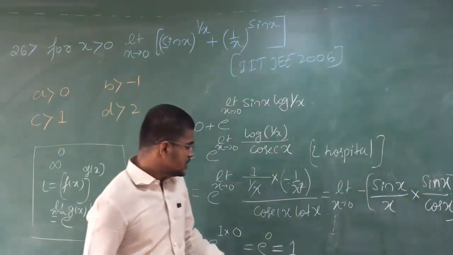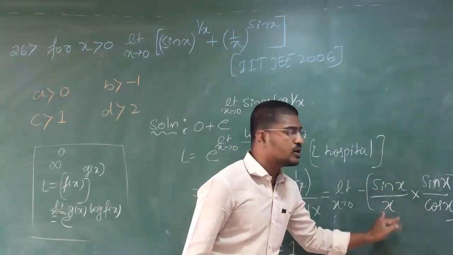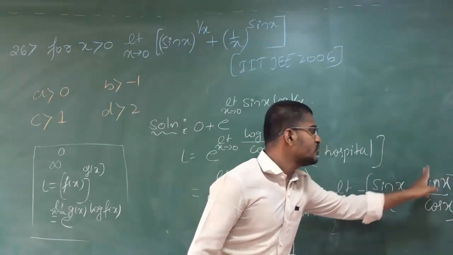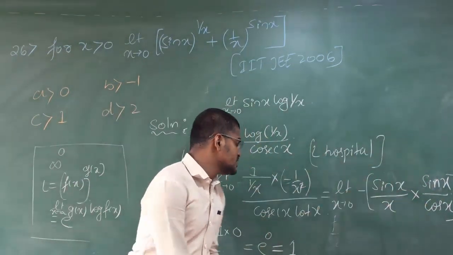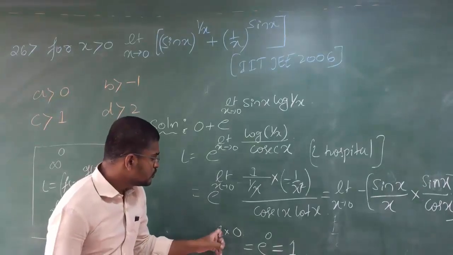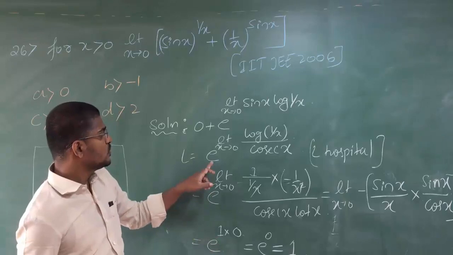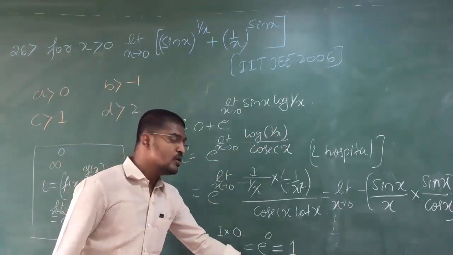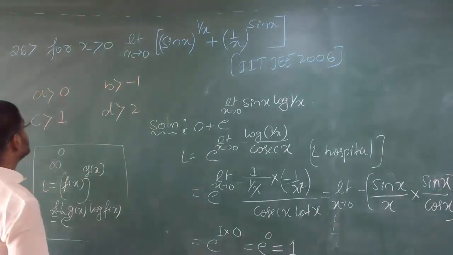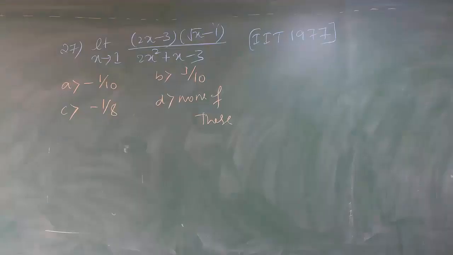So as the limit extends to 0, this term will be equal to 1, and this term will be equal to 0. So that is 1 into 0. Therefore e to the power of 1 into 0, that is e to the power of 0, equal to 1. So option C is your answer.